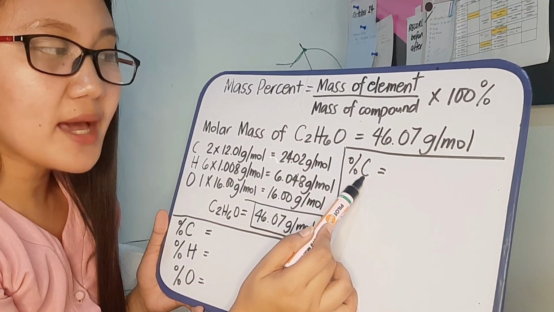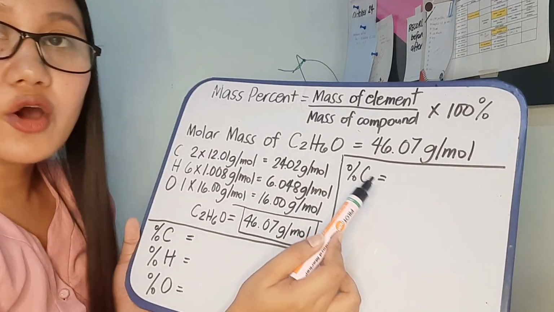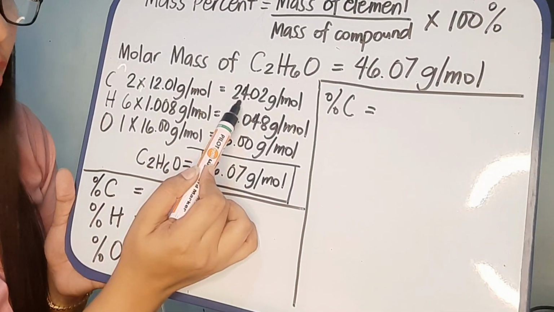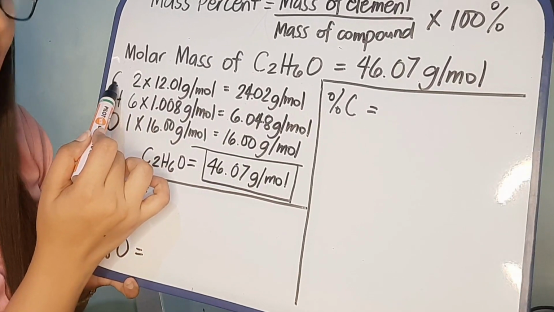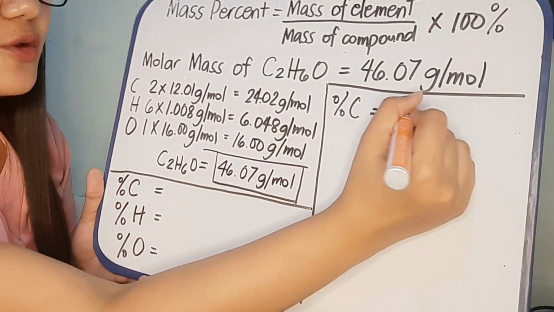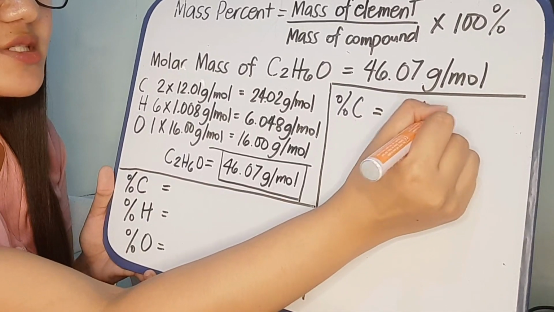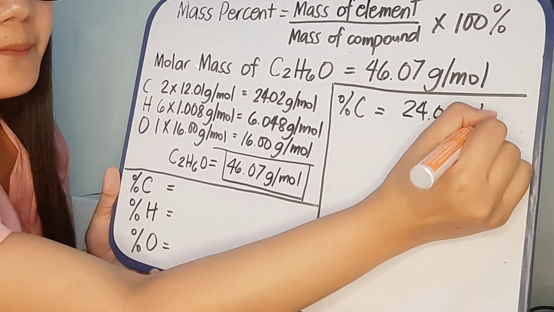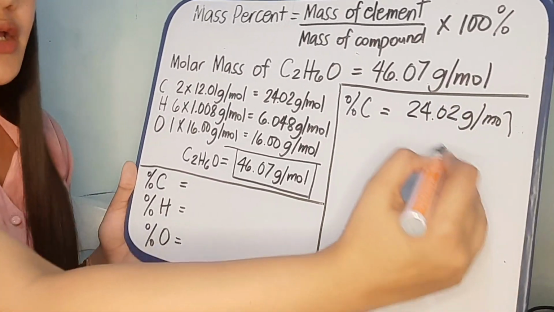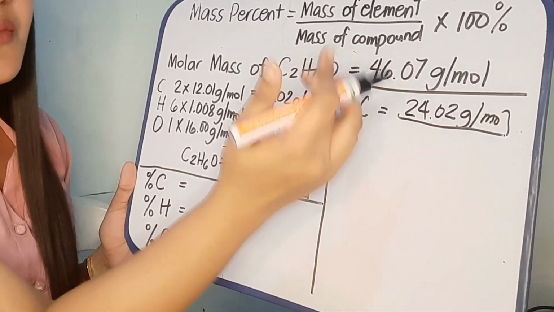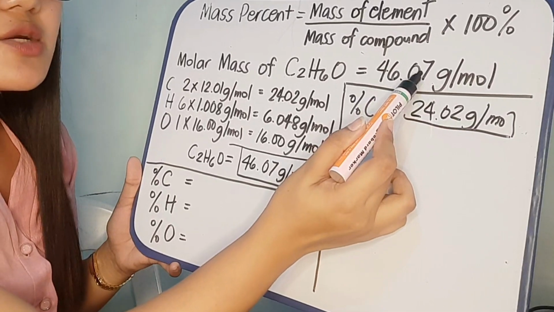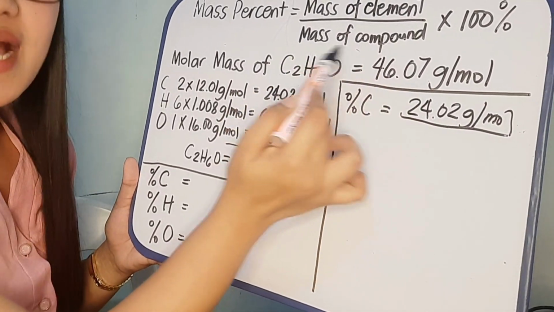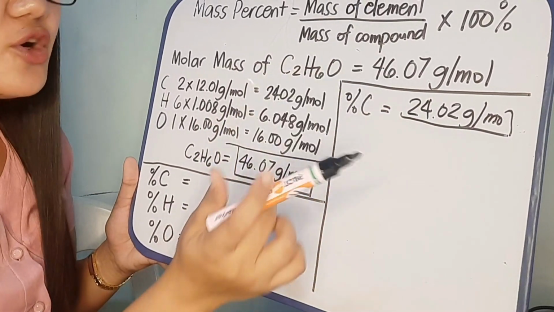Since we are looking for the mass percent of carbon, dun sa ginawa natin kaninang computation, 24.02 gram per mole ang mass ng ating carbon, divided by 46.07 since yan yung mass of compound.